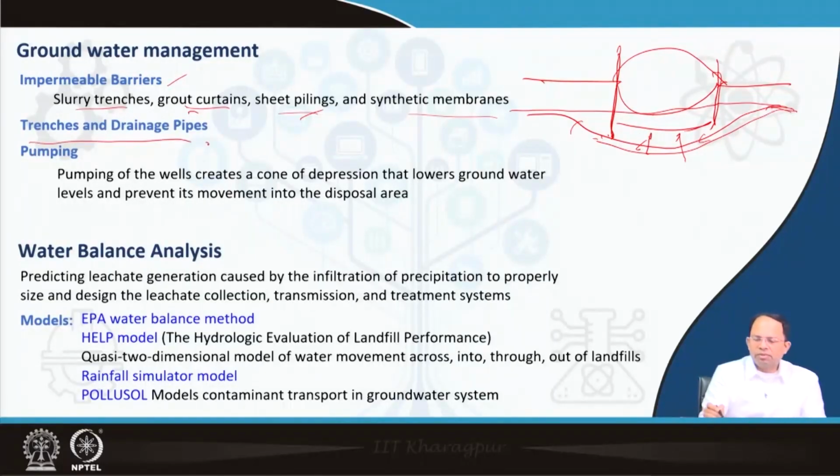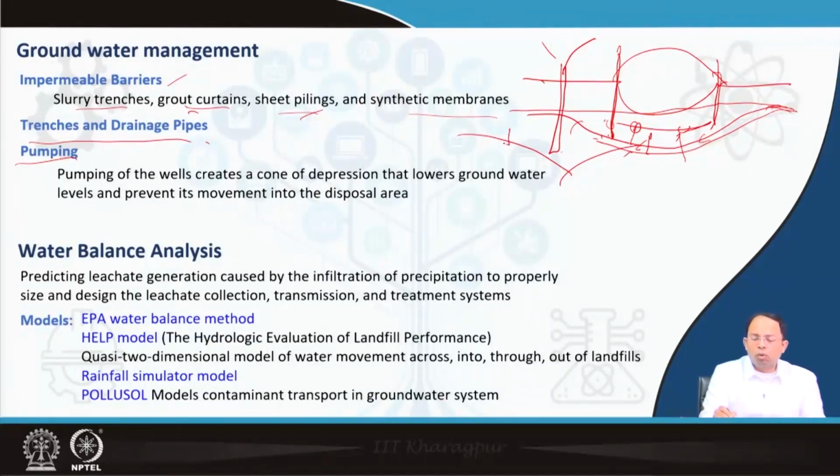Trenches and drainage pipes: we can also put in some trenches inside and we can put drainage pipes so that the water that comes inside can eventually be drained. Then the final method is pumping. Earlier, maybe in my other NPTEL course, we have learned about pumping. Whenever we pump water, the groundwater table bends, right?